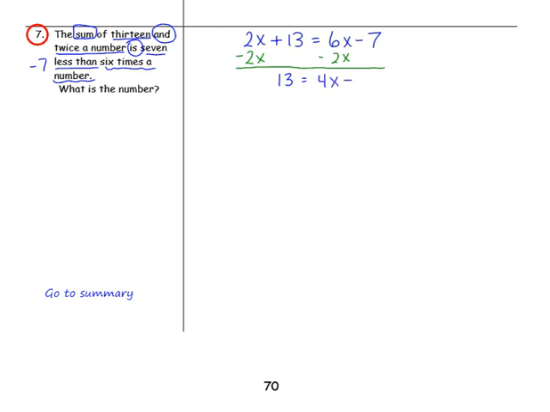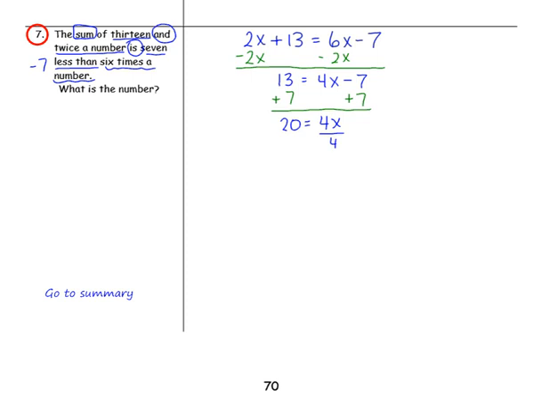Bring down the minus 7. Now I want my constants on the left, so I need to undo the minus 7 by adding 7. Remember to do the same operation with the same number on both sides of the equation to keep it equal. 13 plus 7 is 20. Simplifying on the right side, that leaves me with 4x.